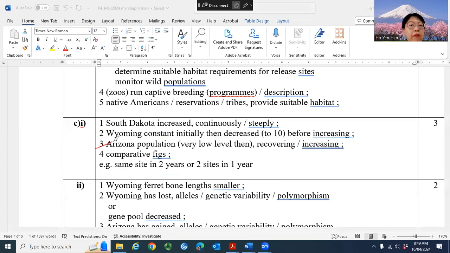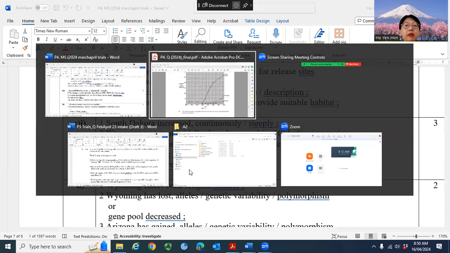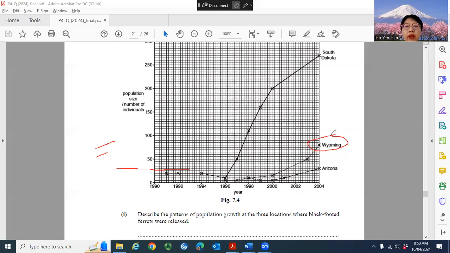Okay. Third marking point, Arizona population starts at very low level, then increases. So you can say Arizona population starts at a very low level, fluctuates, and then increases. Okay. Then the fourth marking point is you give comparative figures. So at the same site, you compare between 2 years. That means to say that for warming, I compare this year at the beginning versus this year in 2004.